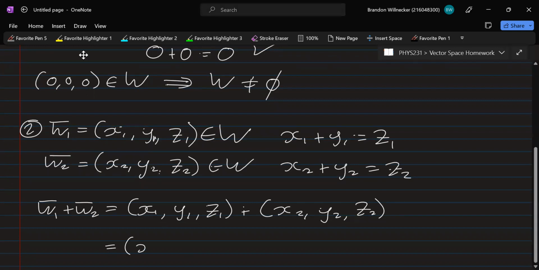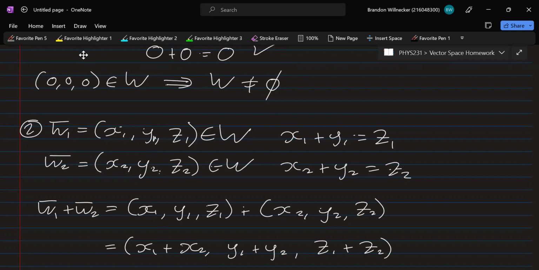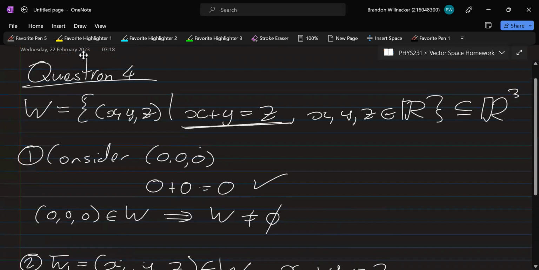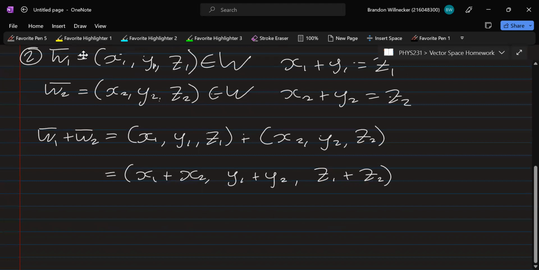So this is going to be (X1 plus X2, Y1 plus Y2, and Z1 plus Z2). Now, is this again in W? Well, let's just check the condition. The condition says the first element plus the second must be the third. So let's take the first element, add it to the second, and see if we get the third.